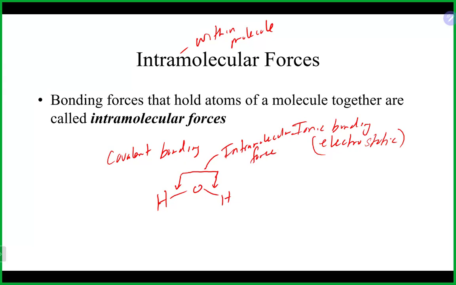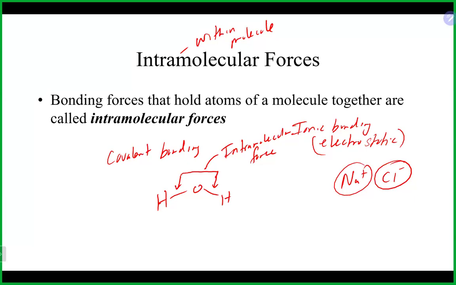And then obviously, if you had an ionic compound, that is the attraction between those ions, the positive ion and negative ion. That's an extremely strong attractive force. So when we talk about intramolecular forces, they're really strong types of interactions.